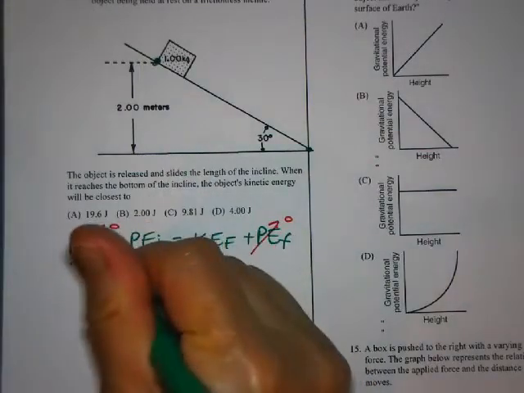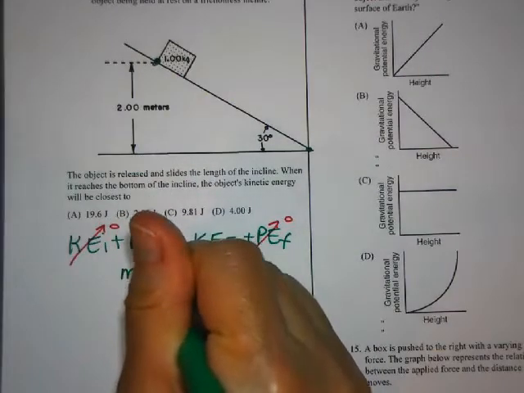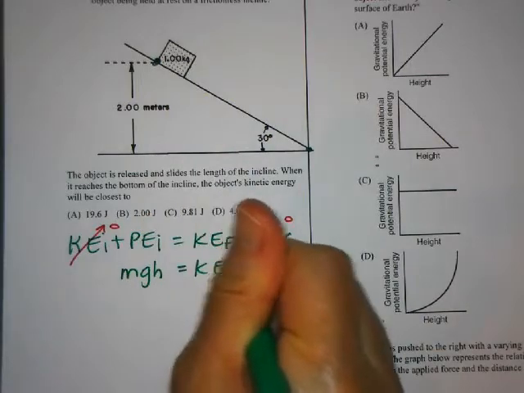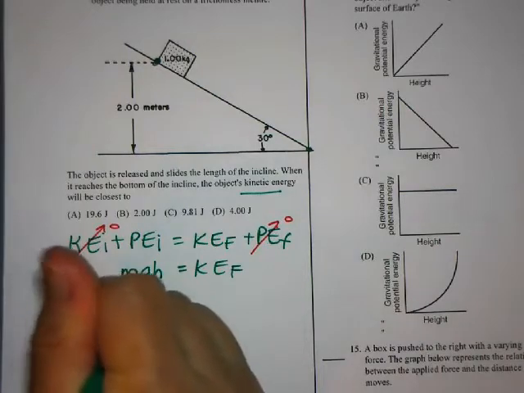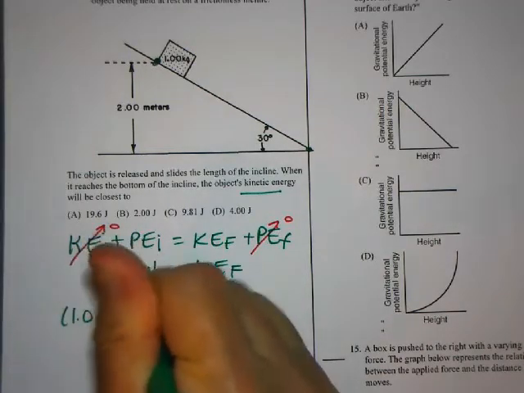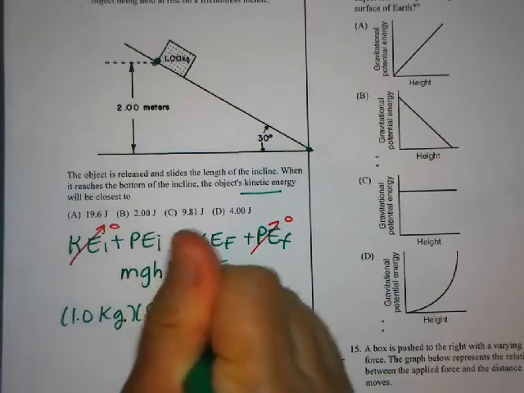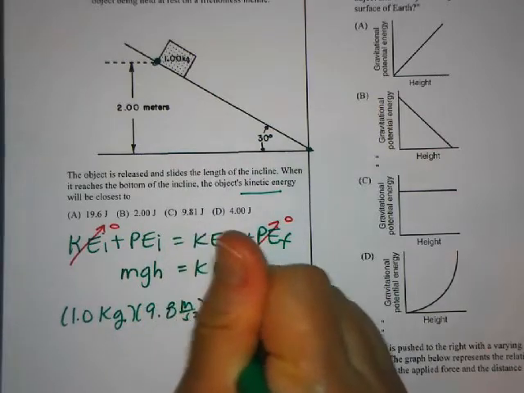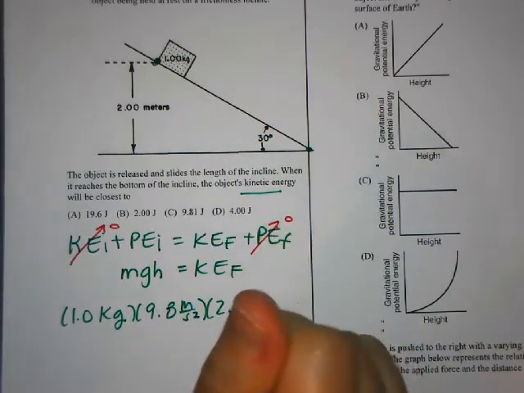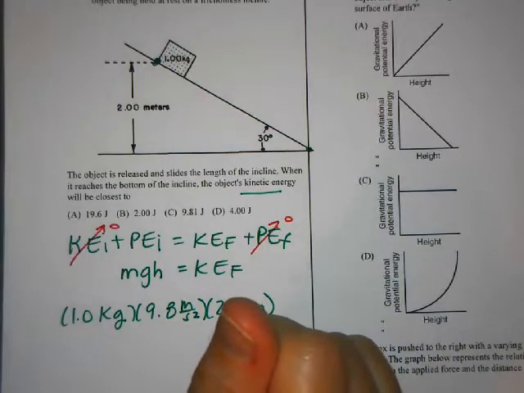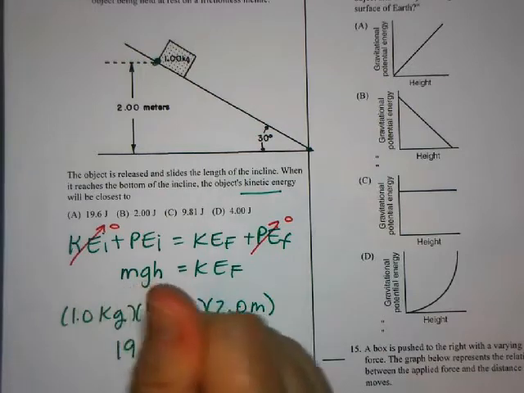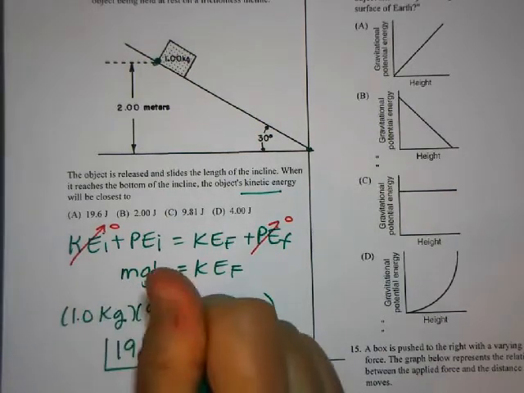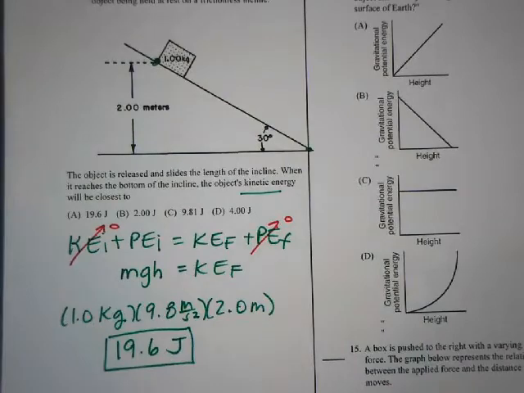So mgh is equal to KEF, and it says what's its kinetic energy. So it's just going to be 1 kilogram times 9.8 meters per second squared times 2 meters. And that comes out to be 19.6 joules. And that is choice A.